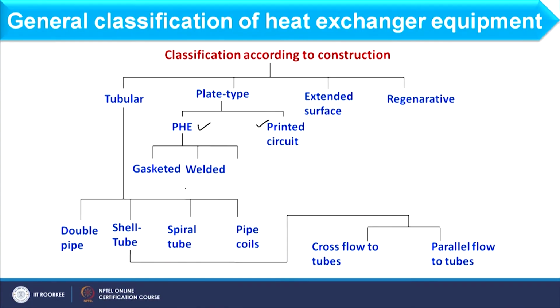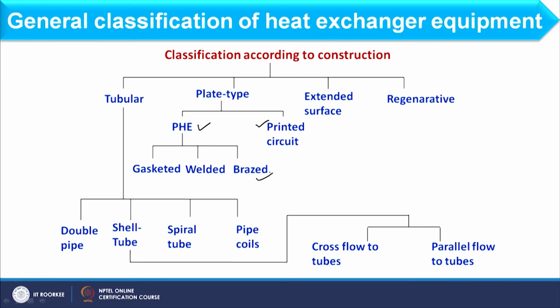Okay, let me further classify plate heat exchanger. These are basically gasketed type, welded type, and brazed type. Gasket type means we use a gasket over the plate. How we use this will be discussed in a subsequent slide.